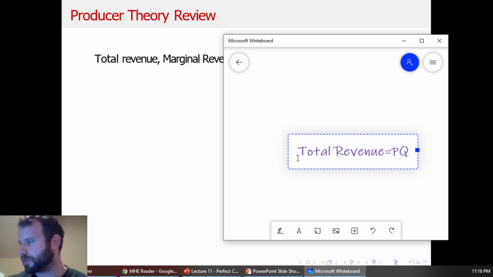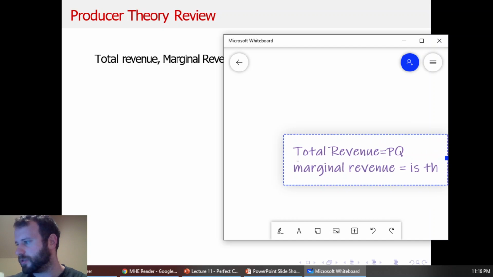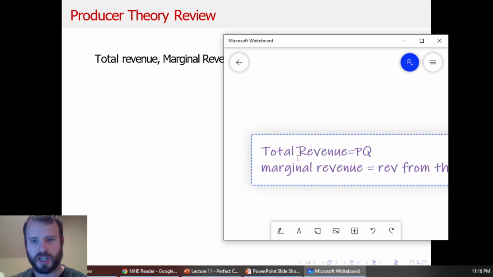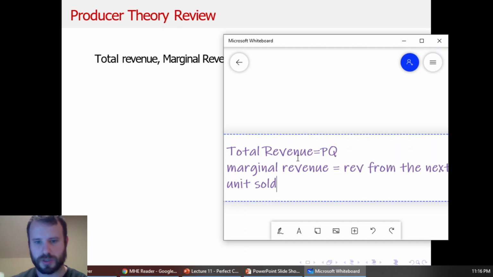Marginal revenue is the revenue from the next additional unit sold.